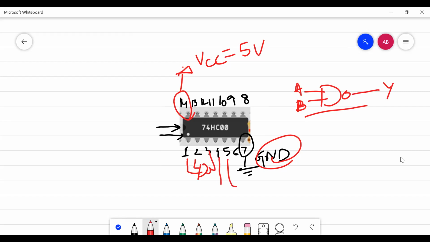Similarly, 4 and 5 are the inputs to the next NAND gate, and pin number 6 is the output. Similarly, 13 and 12 are the 2 inputs and 11 is the output. Similarly, 10 and 9 are the inputs and 8 is the output of the NAND gate.